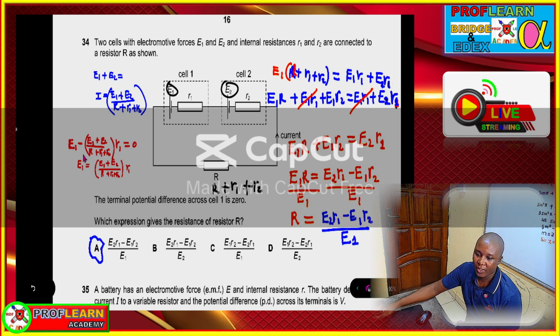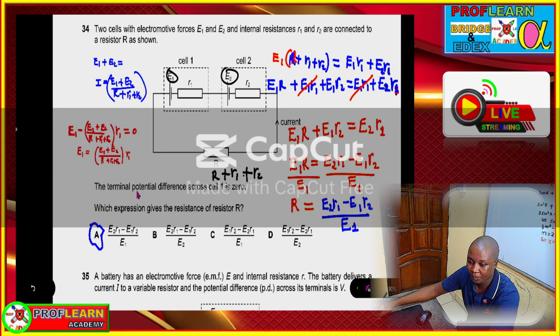Then we are told there is another piece of information given here, that the terminal potential difference across cell 1 is 0. So what does that mean?